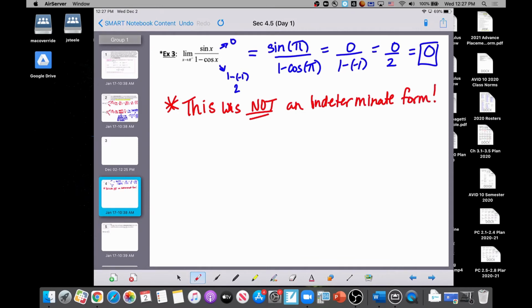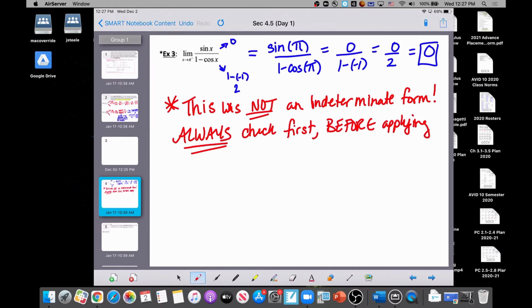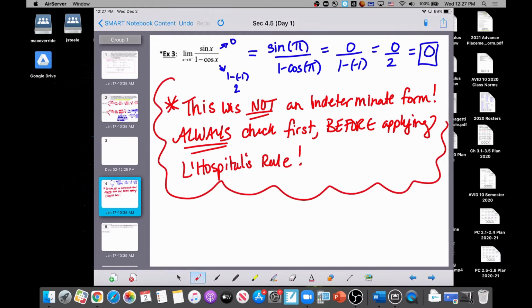Always check first before applying L'Hopital's rule. Because the problem is, if you apply L'Hopital's rule when you don't have an indeterminate form, you will not get the correct answer to the limit. It only works for indeterminate forms.